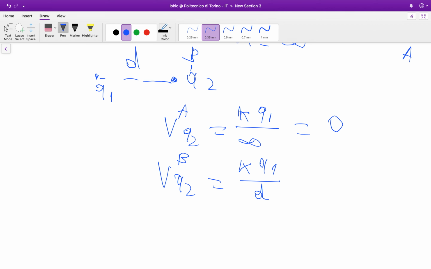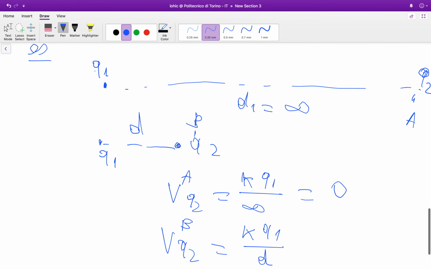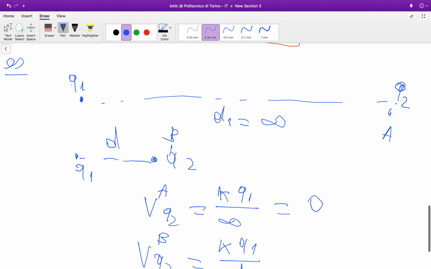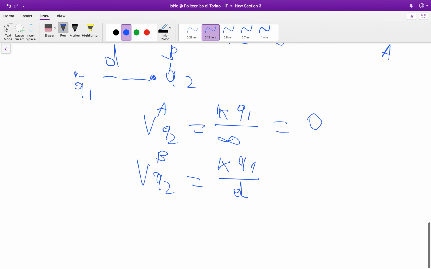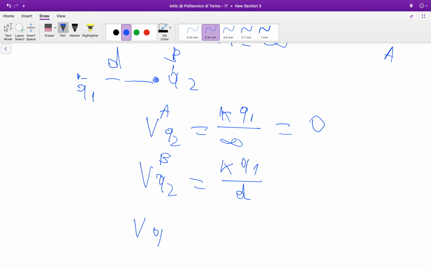The question is, what is the work of the electric field during the motion of the charge from here to here? It will just be V at A minus V at B. That will just be minus K Q2 Q1 over D. Is that clear?